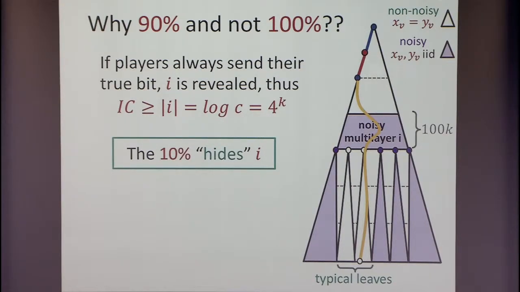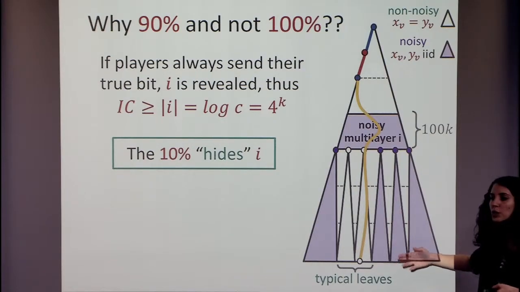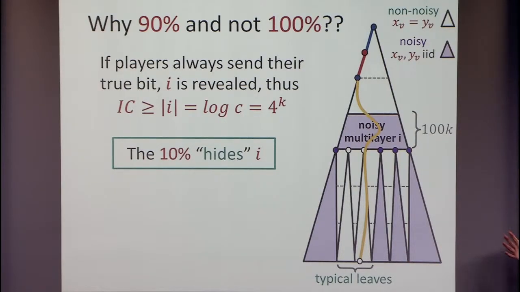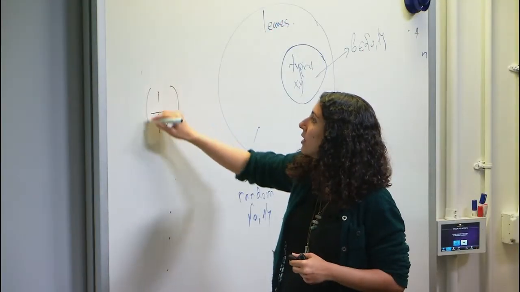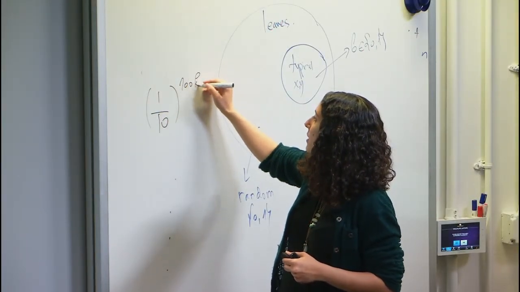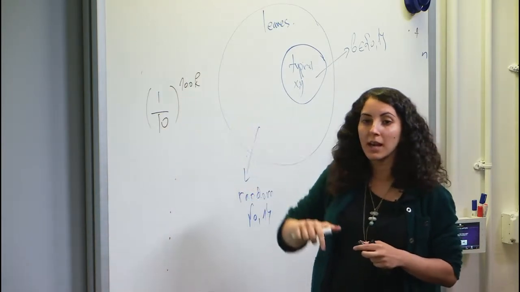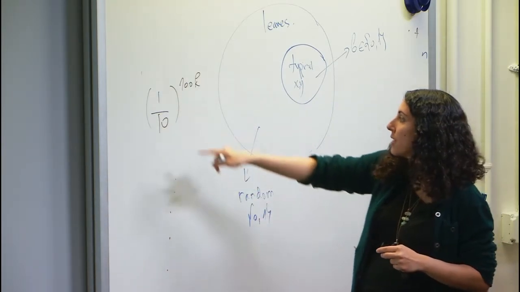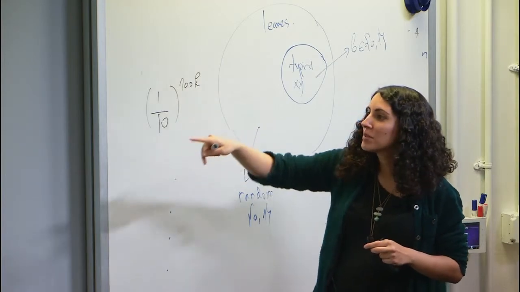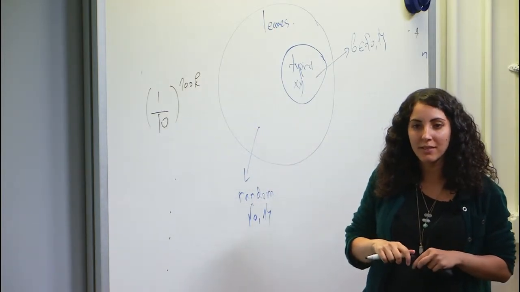But the thing is that, as you said, the tree is so deep that even this is not a cause for alarm. Because with some good probability, the probability of seeing 100k disagreements is a tenth to the 100k, something like that, right? If we didn't get to multi-layer I, just by chance, 100k times, we were doing the 10% thing.